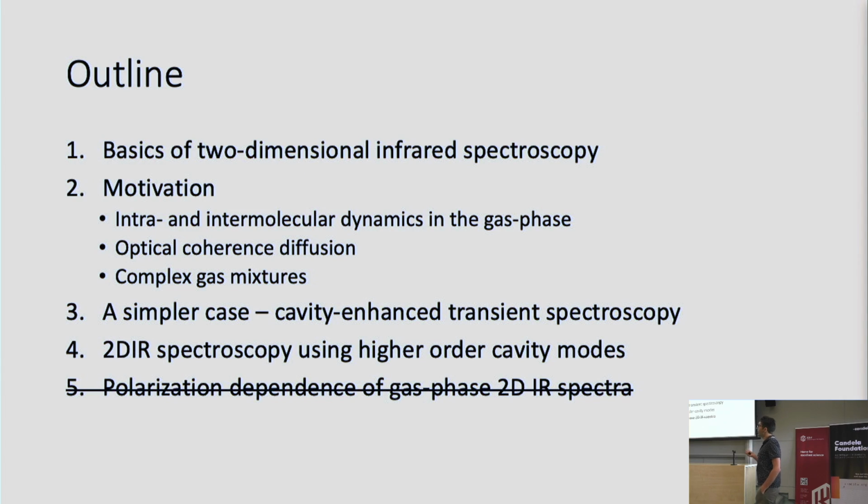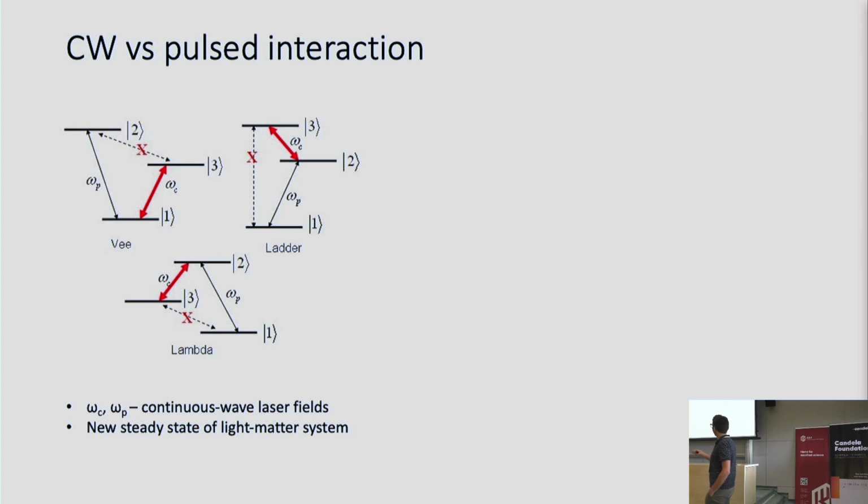So I think a lot of people coming from atomic physics, when they think about several different lasers interacting with some atomic or molecular system, usually consider this kind of setup where we have some atomic levels. This is an example scheme for electromagnetically induced transparency, and basically we have continuous wave laser fields. So we have some new steady state of light and matter, and we can describe new properties of this state.